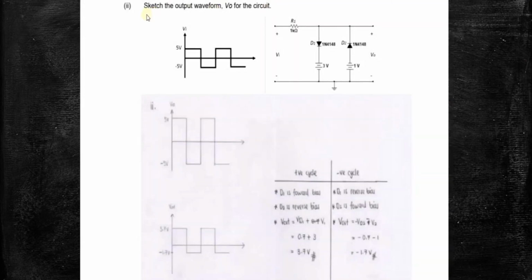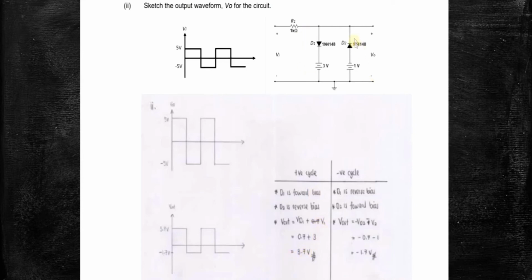The next question asks us to sketch the output waveform for the circuit. Before we sketch the waveform, we need to know what the output is. During the positive cycle, the first diode D1 is in forward bias, which acts like a short circuit, and D2 is in reverse bias, acting like an open circuit. So the output voltage will equal the sum of the voltage on diode 1 and 3 volt, which is 3.7 volt.